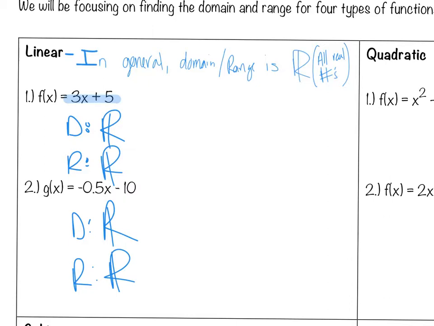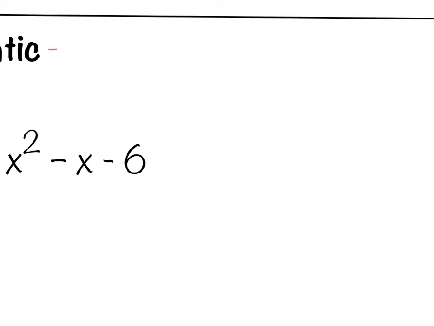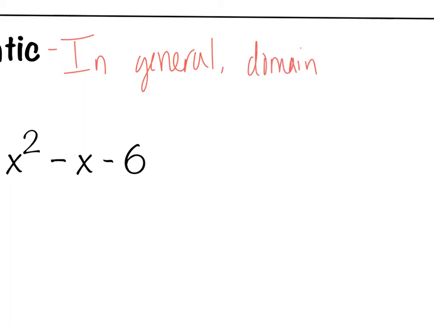Now move over to quadratic. Quadratic, on the other hand, does not go in all directions infinitely. If you remember a quadratic being U-shaped, there are parts of the graph where it doesn't go. So in general, domain values, or x values, is all real numbers.